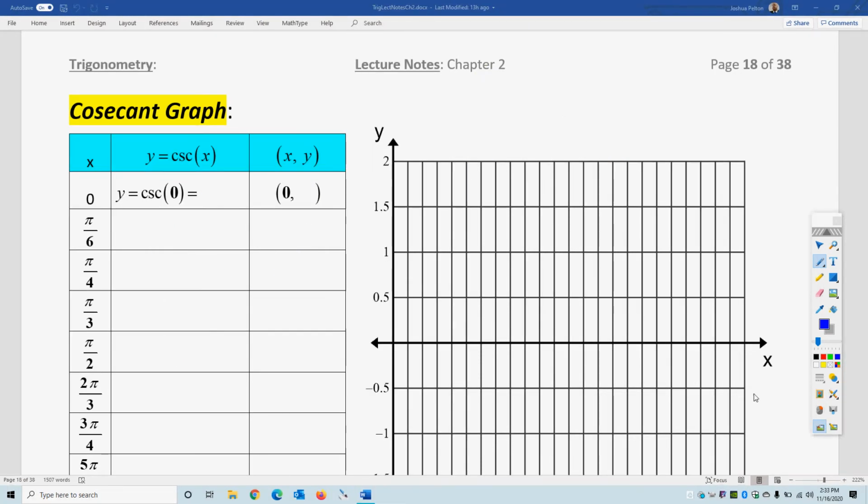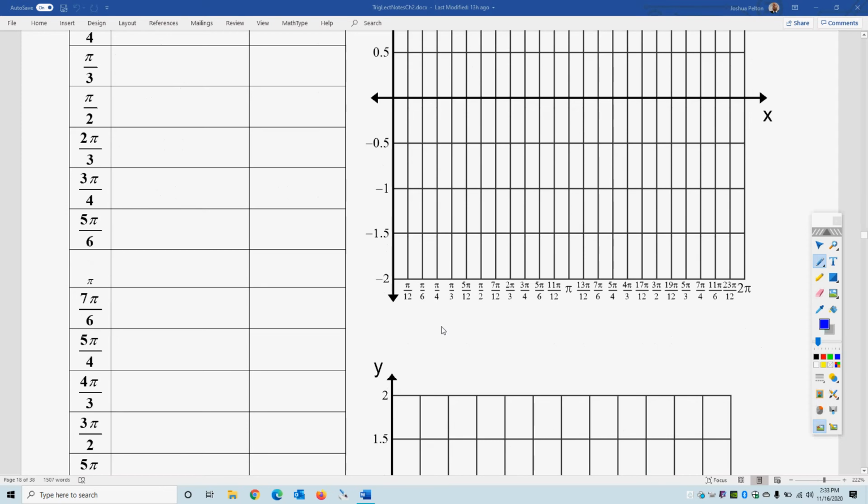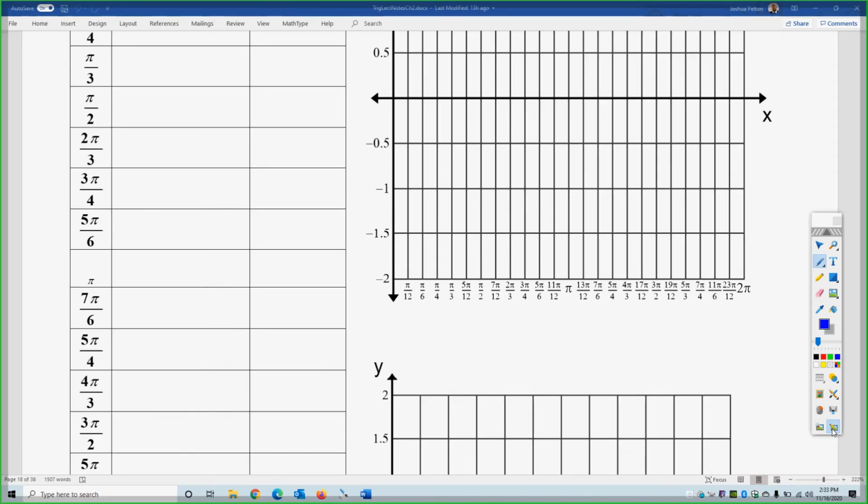Okay, so let's do the next quadrant. So if we do the cosecant of 2 pi over 3, we're going to get 2 over root 3.